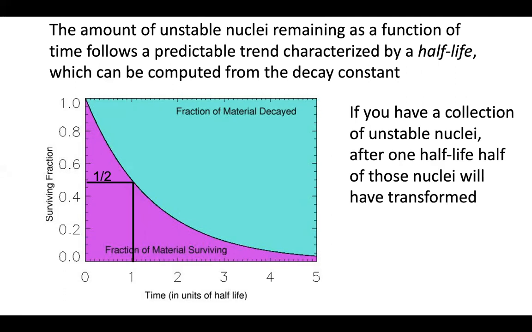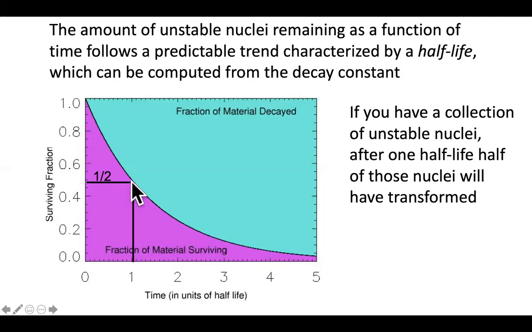Now you might say, well, okay, what happens as we go from 1 to 2 half-lives? Well, some people naturally think, well, if half decayed in 1 half-life, in 2 half-lives, the rest of it should decay. But in that case, this quantity doesn't quite make sense. You would just say, how long does it take all the material to decay? That's a perfectly reasonable time frame.